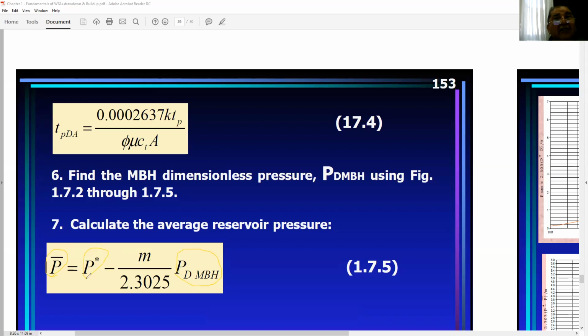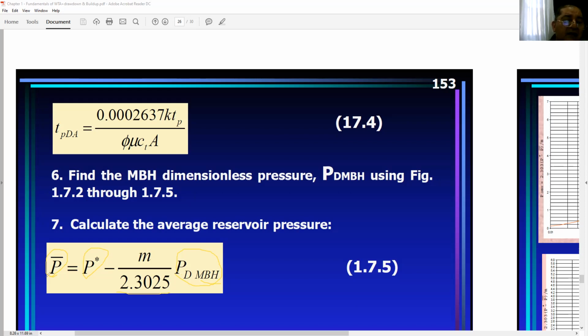Now, P star is taken from where? P star is taken from the Horner plot. When you plot tp plus delta t divided by delta t, you make an extrapolation to tp plus delta t divided by delta t equal to 1. This is going to give you P star. So P average equals P star taken from the Horner plot minus m divided by 2.3025 times PDMBH, the one already estimated from the plots given by Matthews, Brons, Hazebroek.